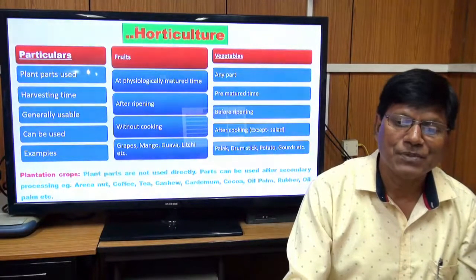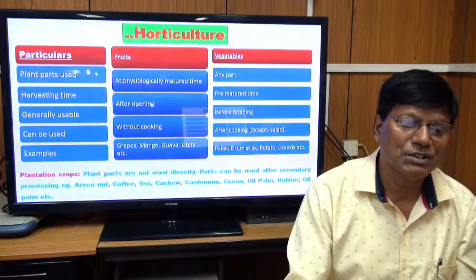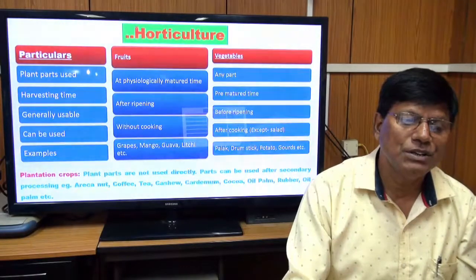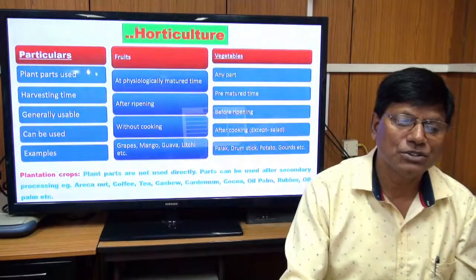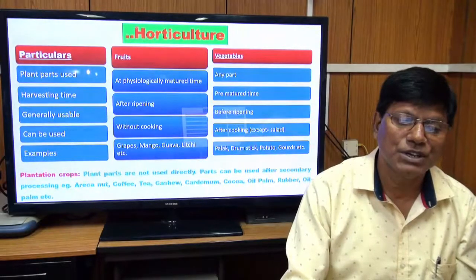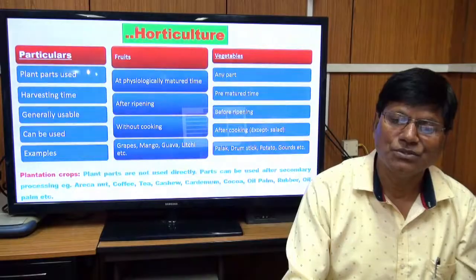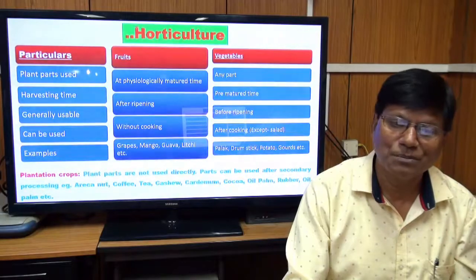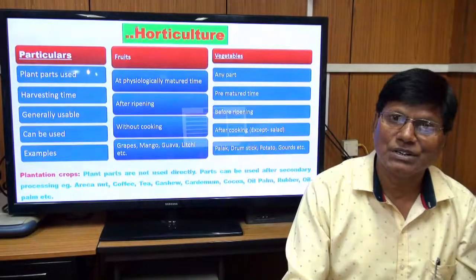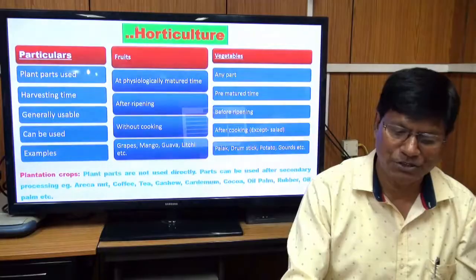It is used after secondary processing. Generally, under plantation crops, areca nut, coffee, tea, cashew, cardamom, cocoa, oil palm, rubber, etc. come under this category.